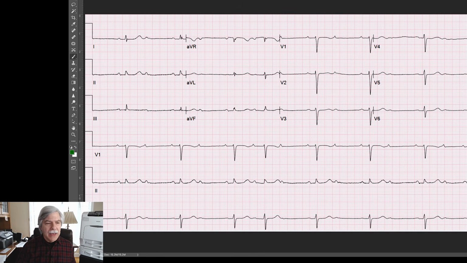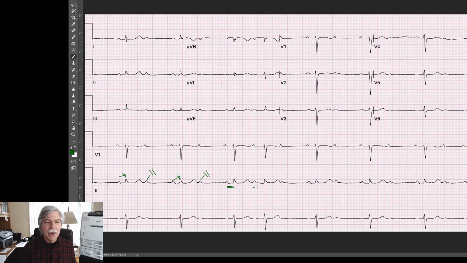Okay, so here is a similar person. You have the same kind of narrow QRS complex, and the same type of 2 to 1 block. Here it conducts, and then it blocks, and here it conducts, and then it blocks. But notice something with this ECG: this beat conducts, and then this one conducts also.